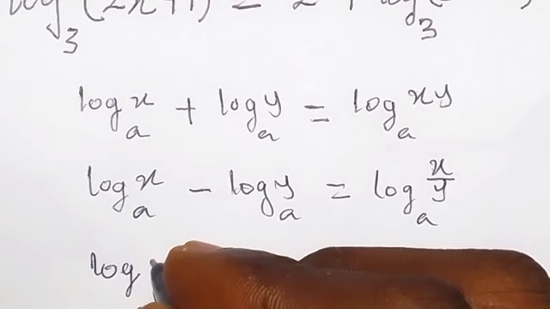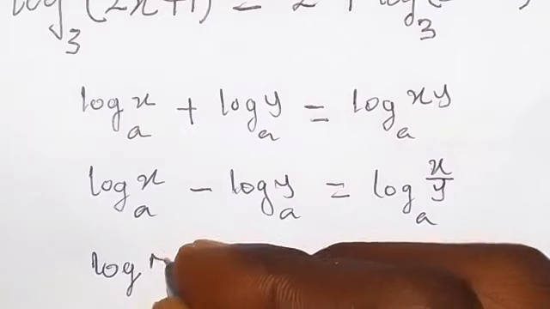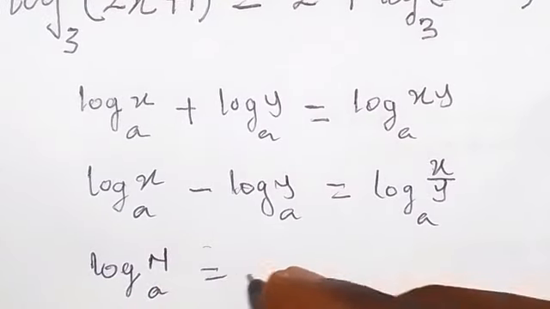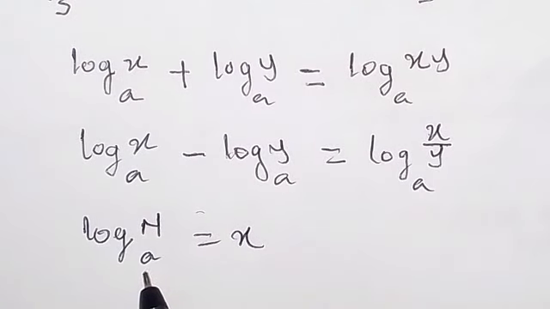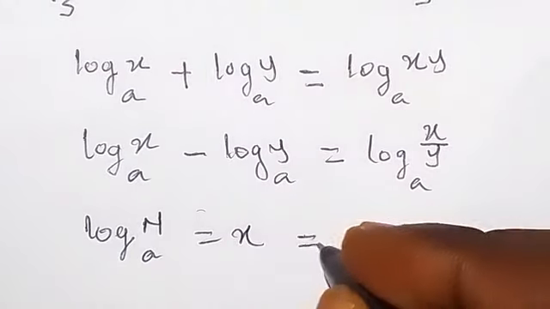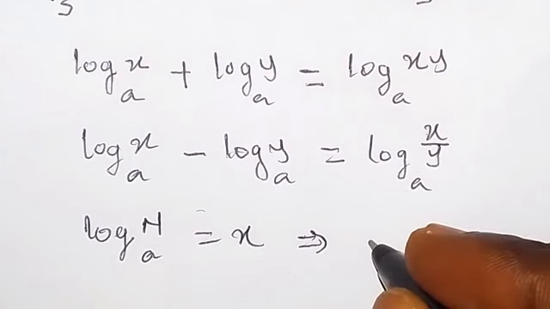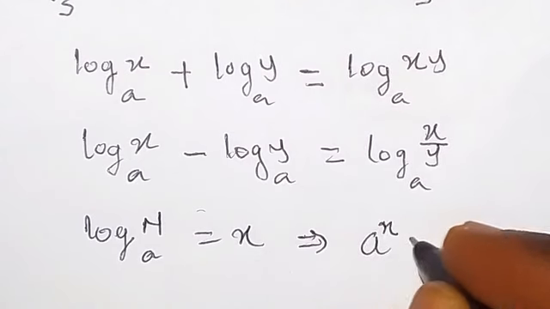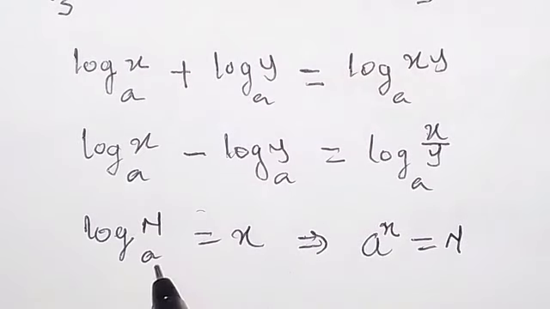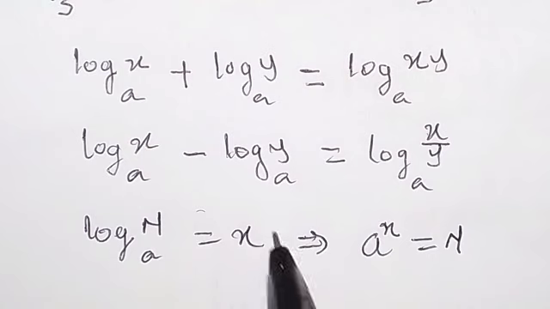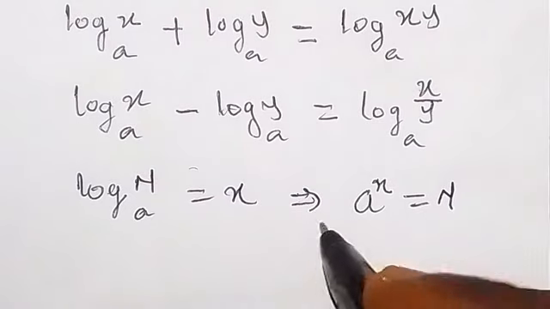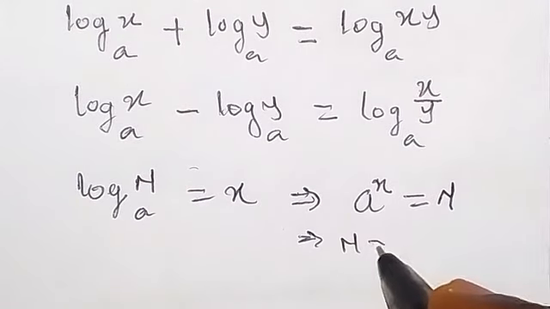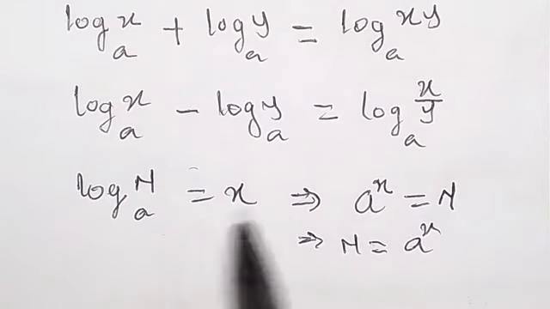For instance, if log n base a equals x, we can change this from logarithm form to indices form, which implies that a raised to power x equals n. That is the interpretation of logarithm, and equivalently we can write it as n equals a raised to power x.